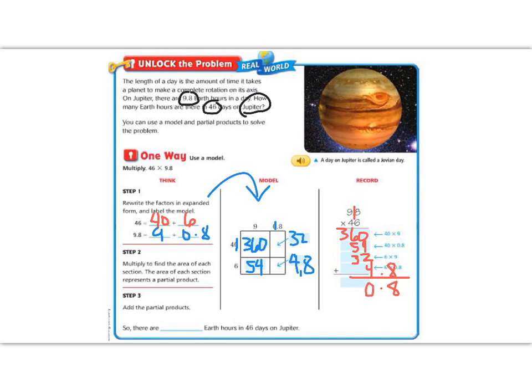Then I have 5 plus 3 is 8, plus 1 is 9, plus 6 is 15. 5, carry the 1. And then I have 3 plus 1 is 4. So I get 450.8. So there are 450.8 Earth hours in 46 days on Jupiter.